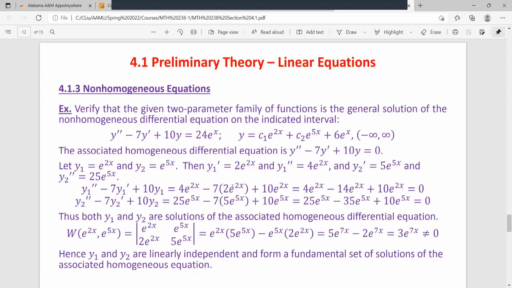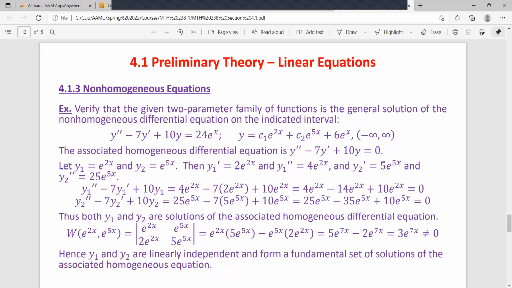So you get 4e to the 2x minus 7 times 2e to the 2x plus 10e to the 2x, and 7 times 2 is 14. So you can see everything cancels. So it's indeed 0. So y1 satisfies the homogeneous equation.